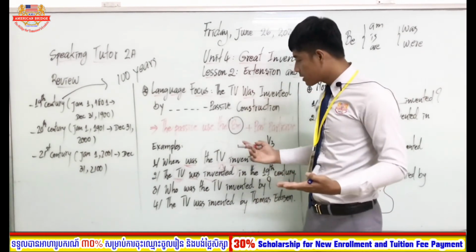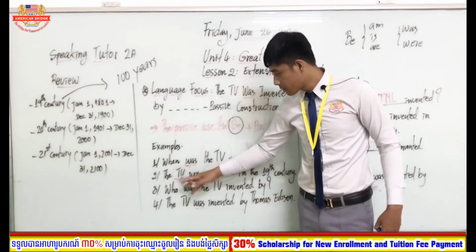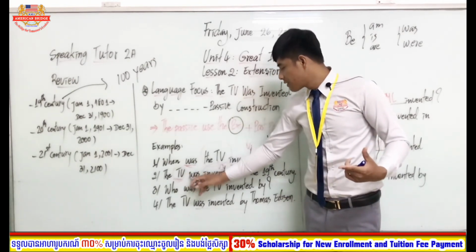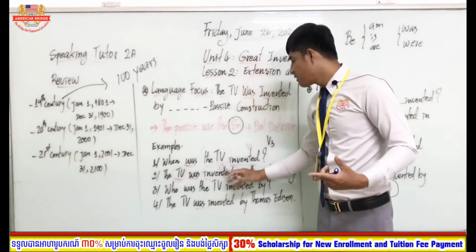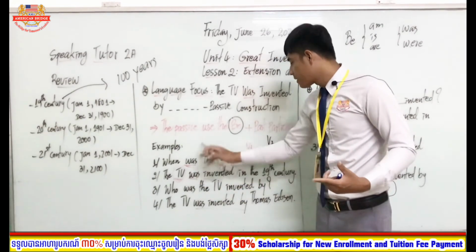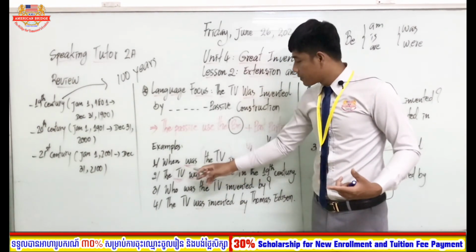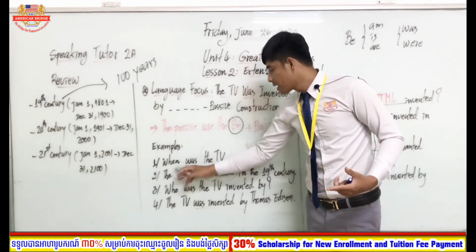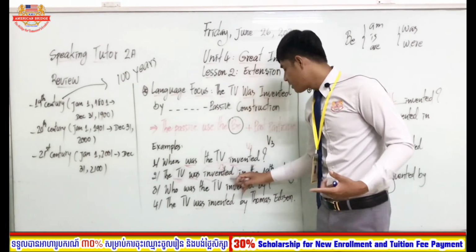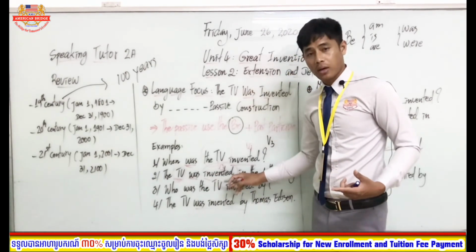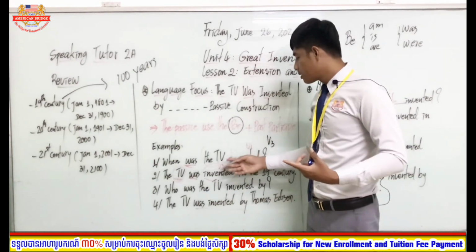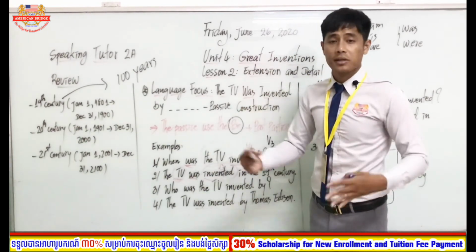As you can see in example number 2, TV is the thing affected by the action. It was invented by someone, so it is affected by the action.